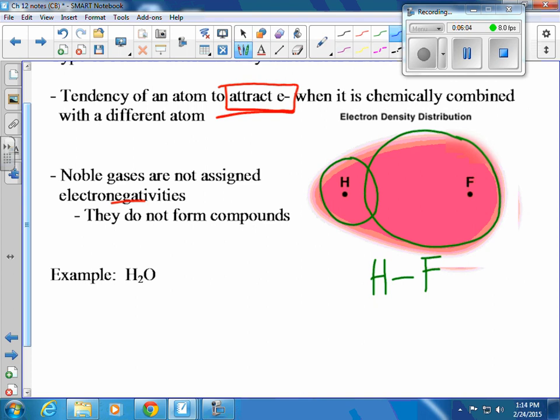So what that means is that these electrons are closer to the fluorine than they are to the hydrogen. So they're all getting pulled to the fluorine. So this side is going to become slightly negative, this side is going to be slightly positive. And we draw electronegativity lines with a positive side and then an arrow going to the side that's going to be negative. So let me show you that one more time here with water.